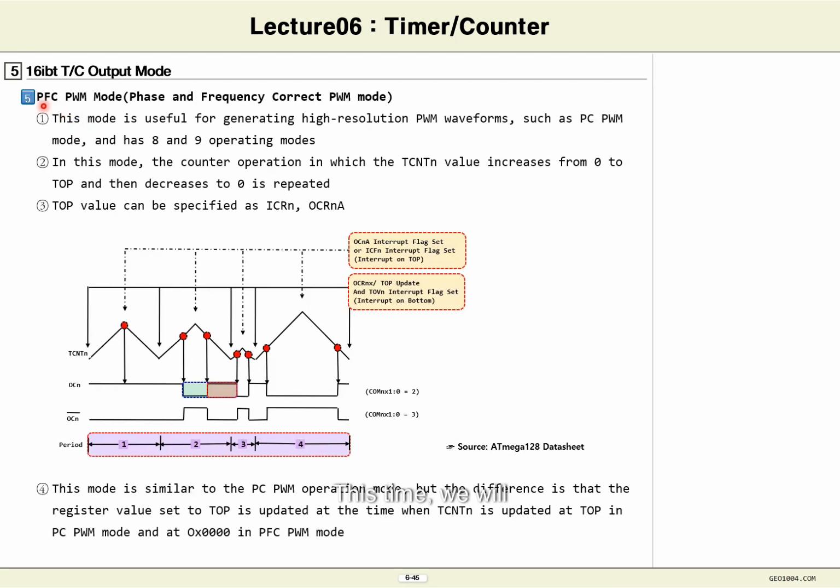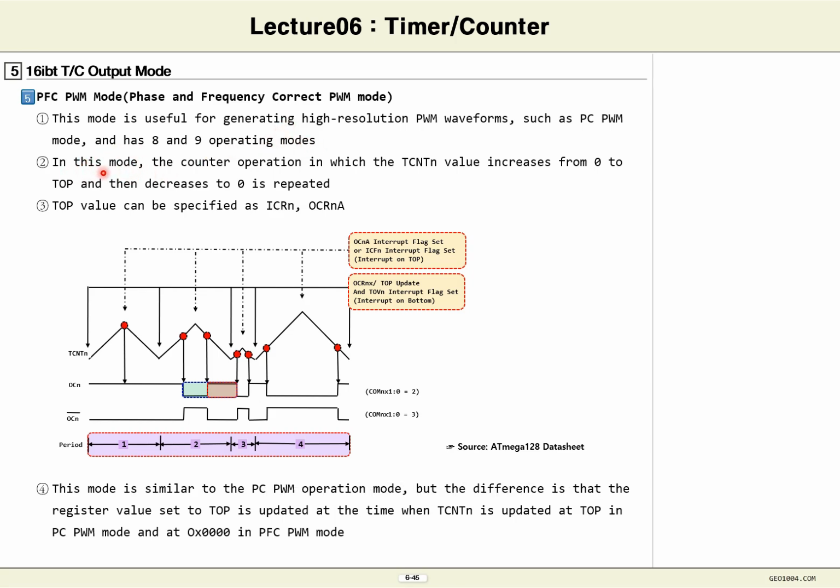This time we will look at the phase and frequency correct PWM mode for the fifth time. This mode is useful for generating high-resolution PWM waveforms, such as phase-correct PWM mode. There are modes 8 and 9 here.